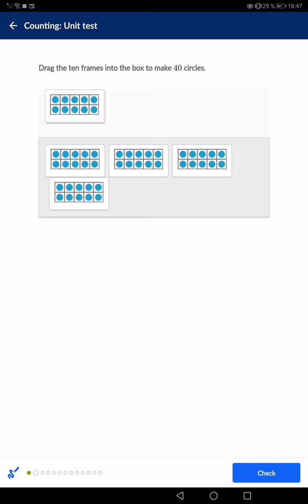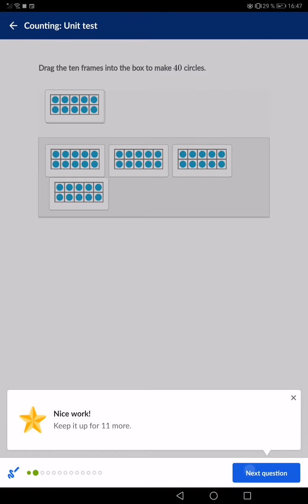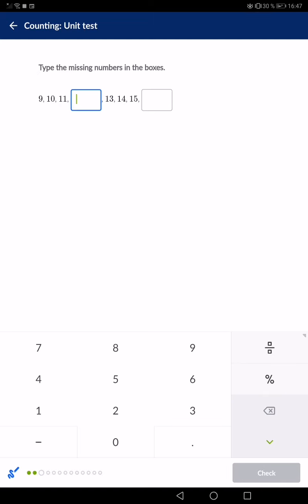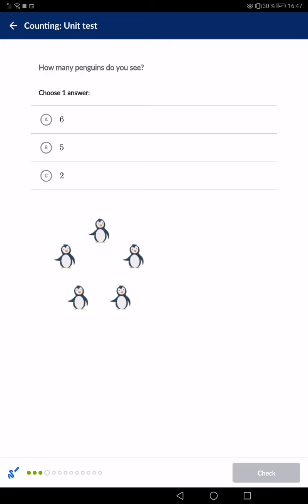I mean, are there even 10, 20? Yeah, there are. Oh my god, type in the missing number. The missing number is 12 and 16. How many penguins do you see? 5. Because it's not even, right? This is even, this is even, this is uneven.